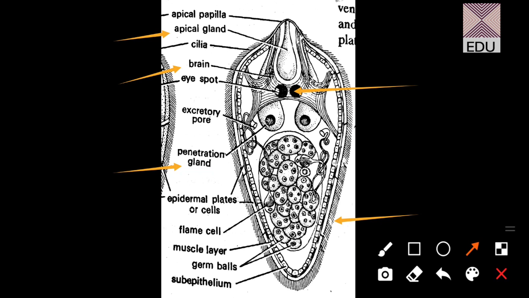If we talk about the eye spots, these are concavities facing away from each other, and they have a refractile material which serves as a lens. In terms of function, these eye spots are photoreceptors. If we go with the physiology, this larva does not feed.